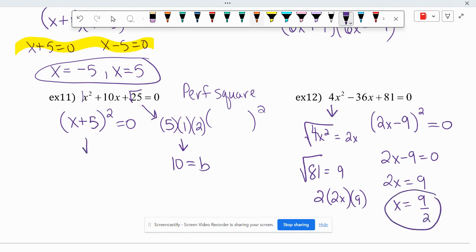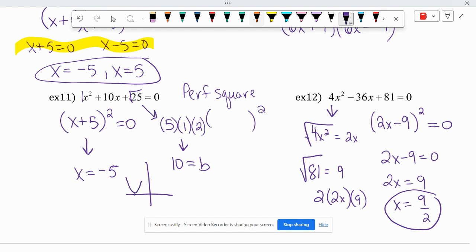And for this one, I didn't solve it. x plus 5 equals 0, which means x equals negative 5. Why don't I write x equals negative 5 twice? Because it crosses through the same point. That's why I don't write it. How does this look on a graph?